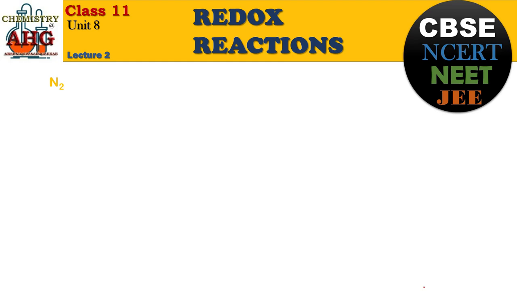So when they attract the shared pair of electrons with equal force, the electrons would not move in any direction. So what does this mean? No atom could get a negative charge. Both atoms will remain electrically neutral. So remember, whenever there is an element that has a bond with itself, the oxidation state would be zero.